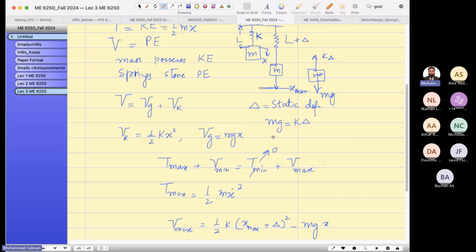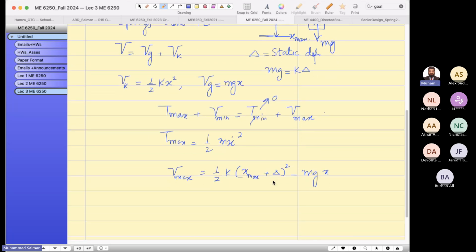It is at rest. When it is at extreme position, it stops there and comes back to the equilibrium position, and the mass goes beyond the equilibrium position because of inertia and starts vibrating about the mean position. So at maximum position you have the V max, but T min is 0 because it stops there. You understood that point? It stops when it has reached the maximum downward motion or maximum deflection.